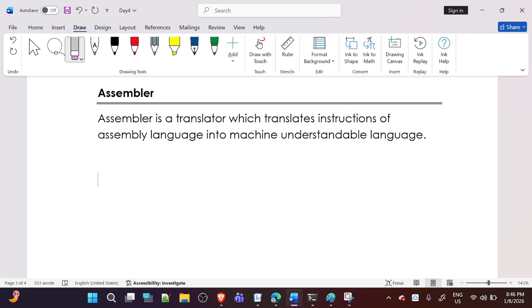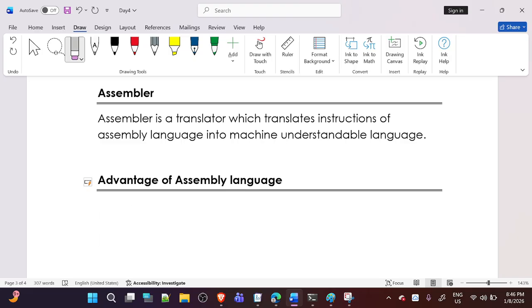So now the question is, what's the advantage of assembly language? Which the computer can understand easily.